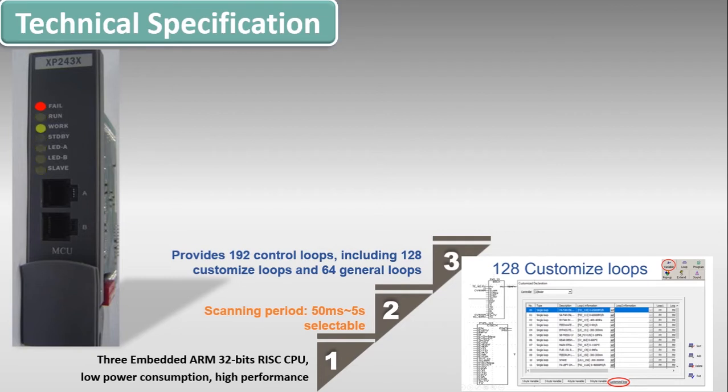Similarly, controllers support 128 customized loops which need to be defined in the programming. These are the loops in which we add interlock or can force output at any point when it is required in the process. We will see the detailed difference of the general loop and the customized loop in our software configuration lecture.